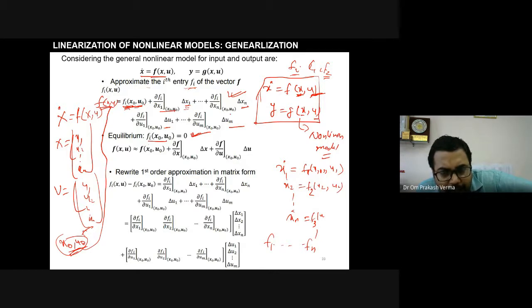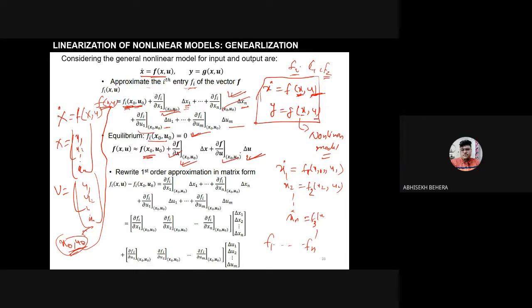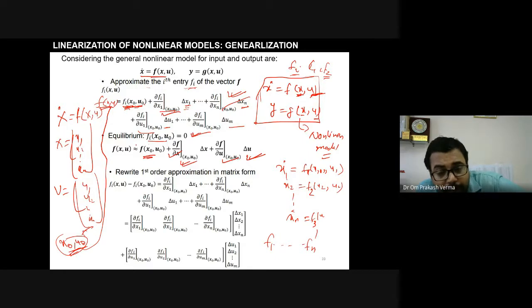We are avoiding the higher derivatives, so those cancel, and the x value and the u value remain. The first value remains, and the first derivative term with x and the first derivative term with u remain. The rest are not cancelled, we are just avoiding the higher derivatives due to their negligible value, right?